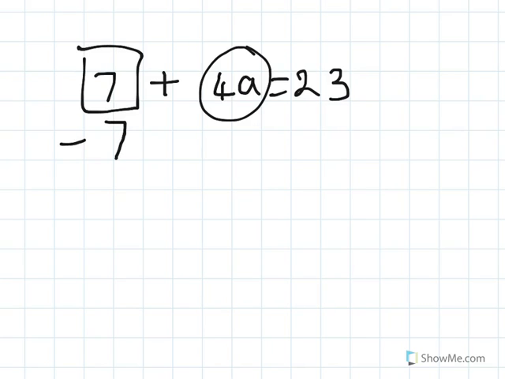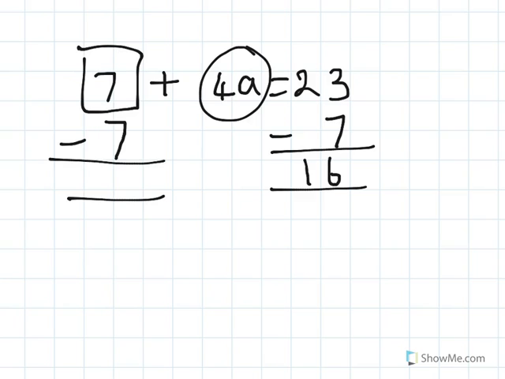Whatever we do to the left-hand side, we must do to the right-hand side. So 23 take away 7 is going to equal 16, and this side is going to equal 0. So now our equation looks like this: 4a equals 16.